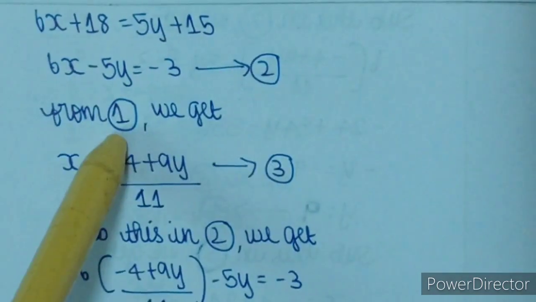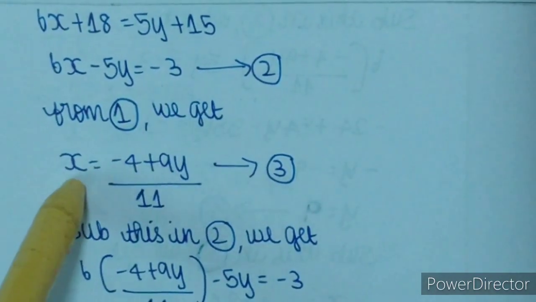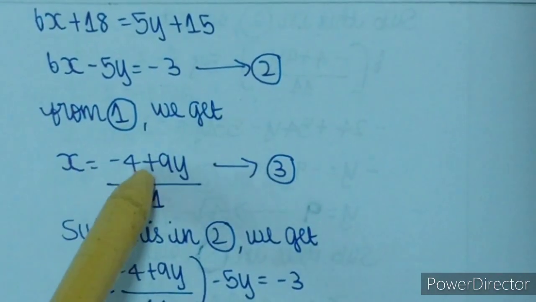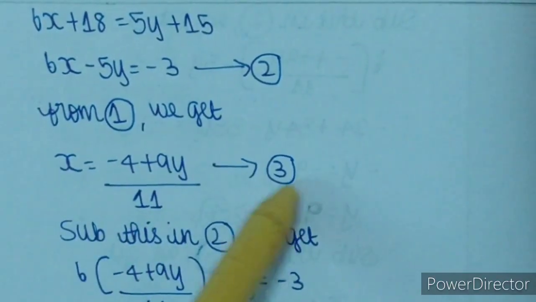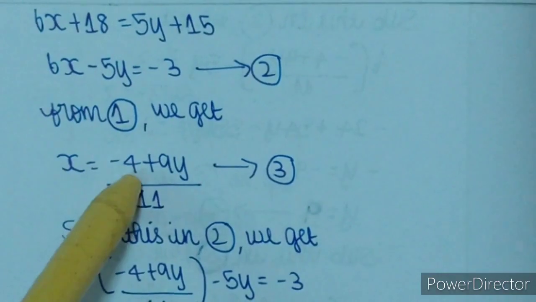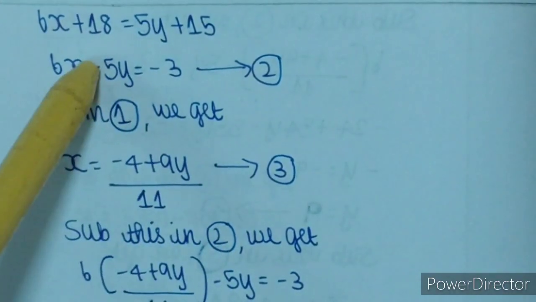Now, from 1, we are getting the x value. From 1, if we solve it, we get x is equal to minus 4 plus 9y by 11. Mark it as the third equation. Substitute this value of x is equal to minus 4 plus 9y by 11 in the second equation.